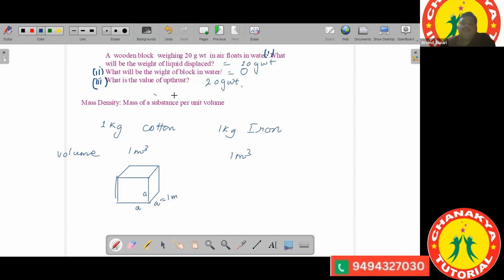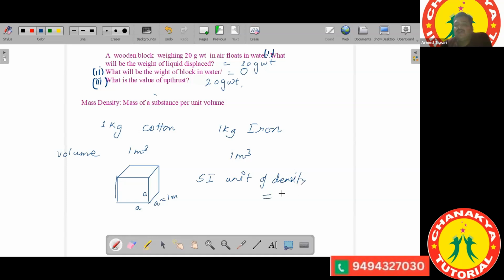Now, what will be the SI unit of density? Sorry, not volume, the SI unit of density.